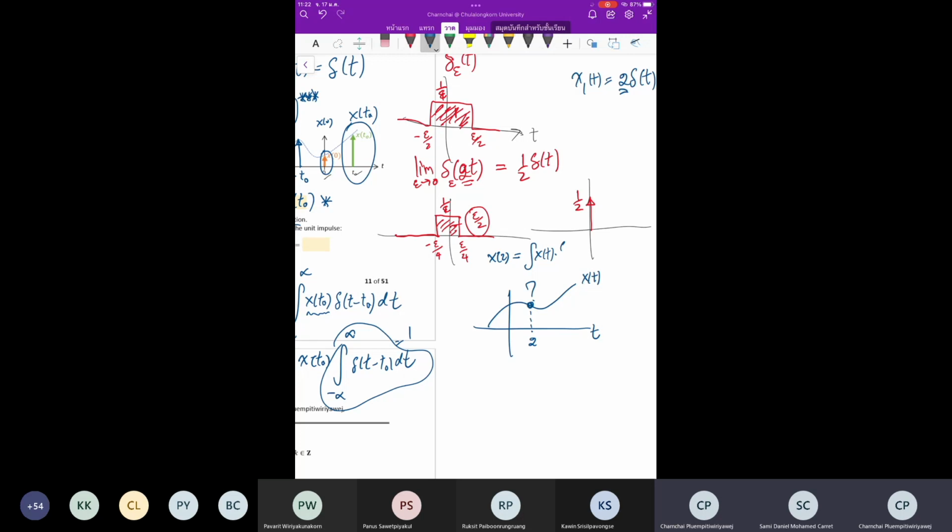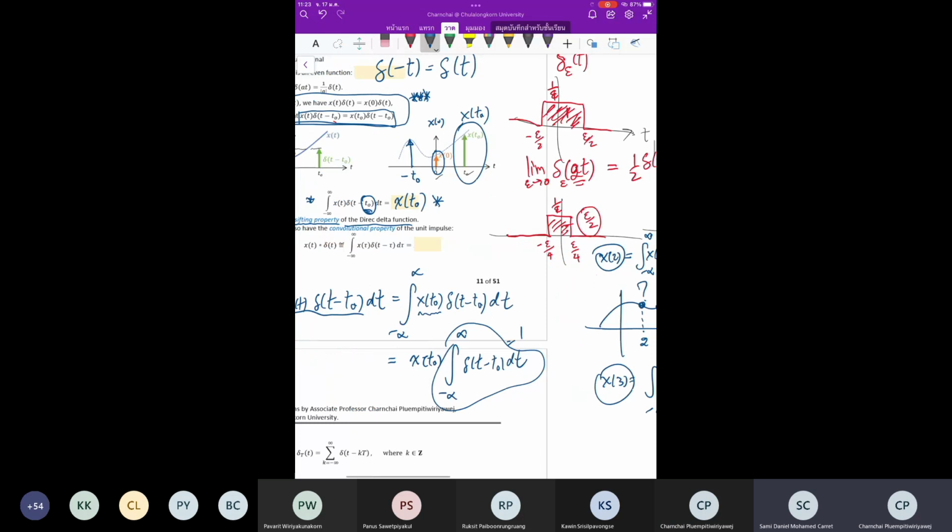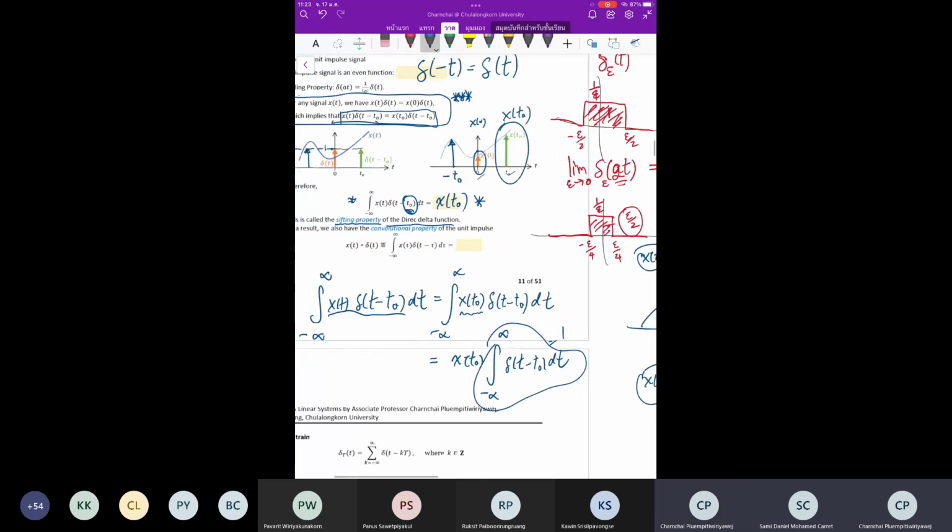That's how you get the value of x(2). If you want x(3), you have the integral of x(t) delta(t minus 3) dt from negative infinity to infinity. You see? So you multiply by delta functions and then integrate, and you get the value of x(t) back. And that's really how we do sampling. We'll talk about that later on.